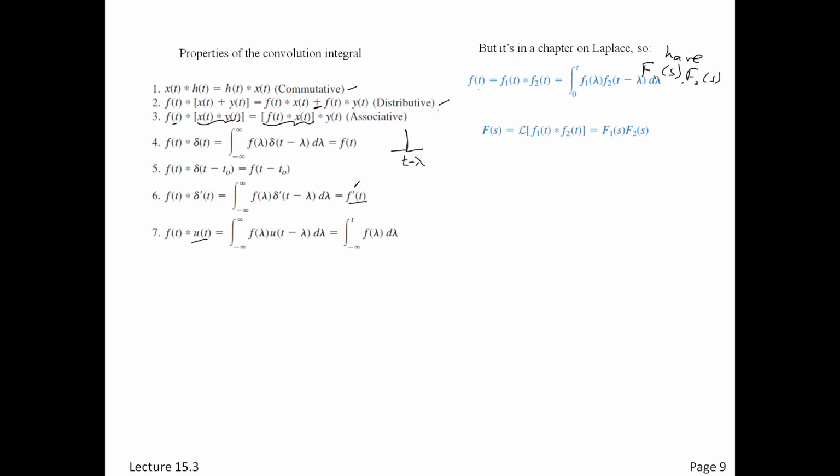What we've got is this. If we take and form the Laplace transform of this, this whole thing is inside here, and this whole thing, we hope, is the product of two Laplace transforms, and we'd like to prove this.